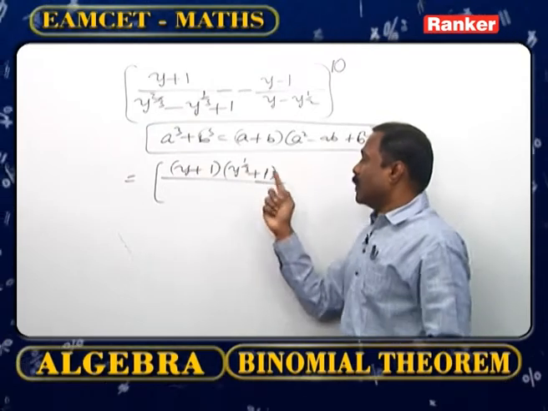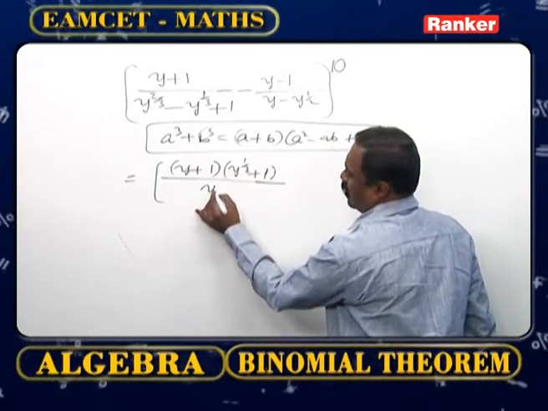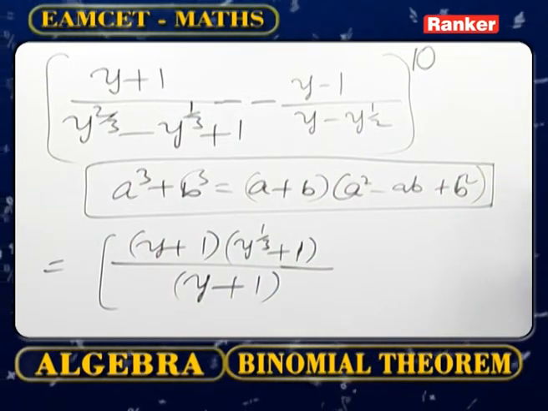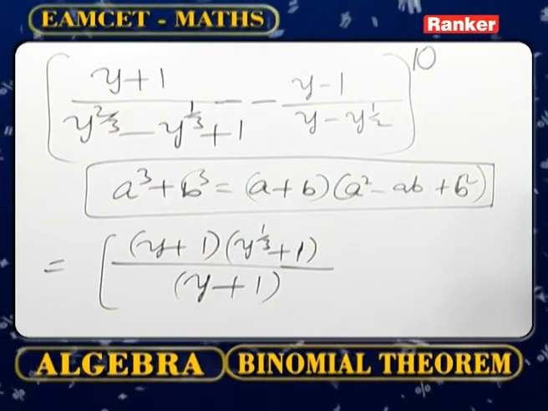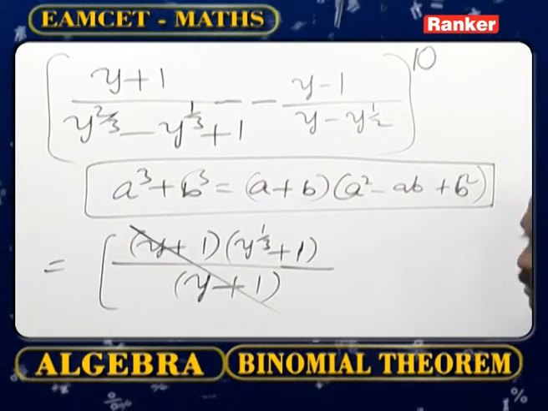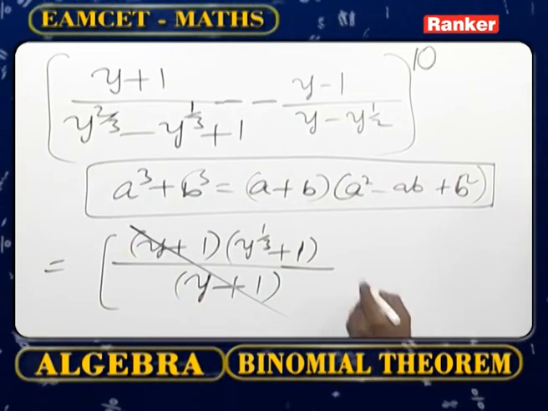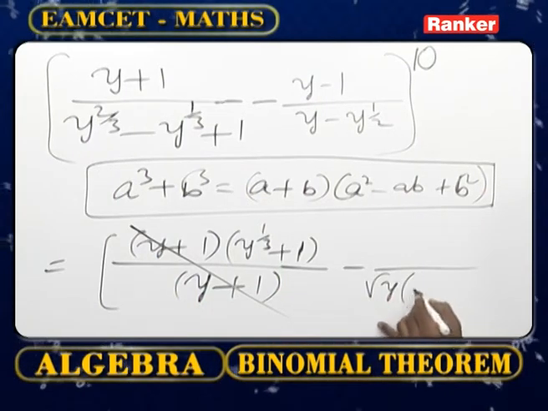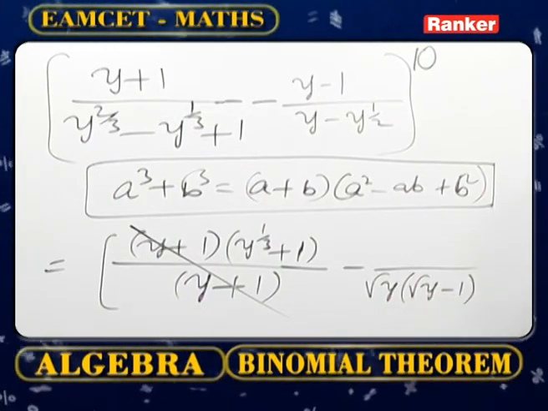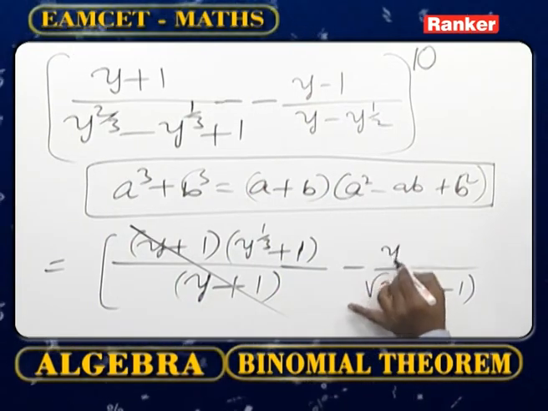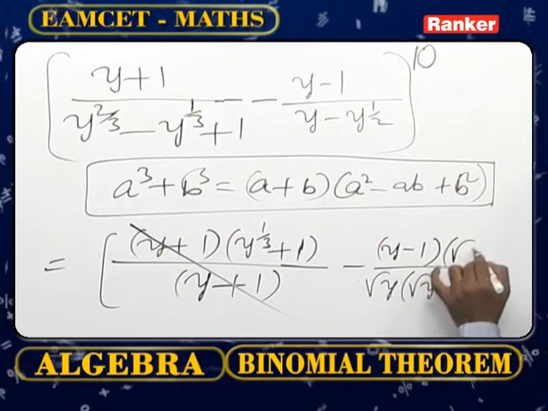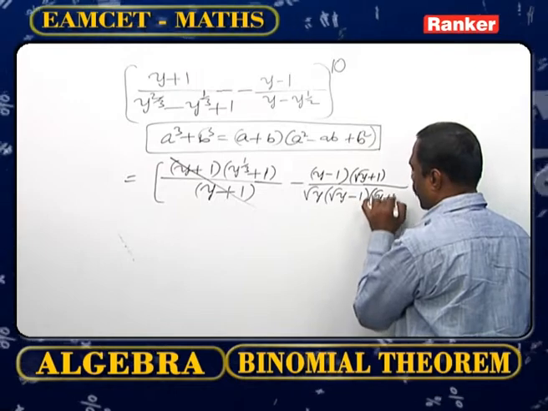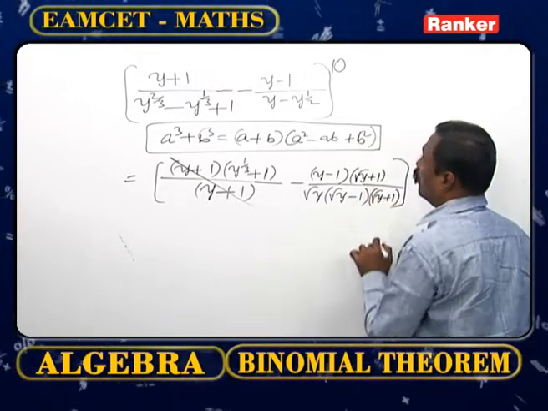And here also this becomes 1 only. So what remains, you might have understood, is y plus 1 in the denominator after rationalization, and thereby these two will be getting cancelled. Minus of, and if you see the denominator carefully, I'll take root y common, it is root y minus 1. What I'm doing now is rationalizing the denominator, that is root y plus 1 multiplied and root y plus 1 divided, whole power 10.